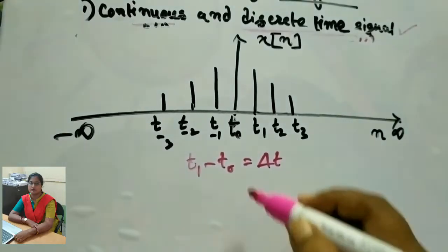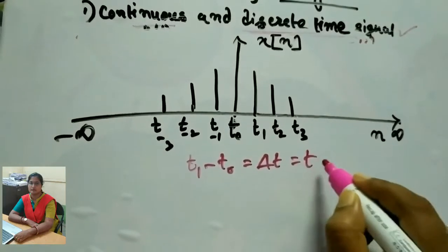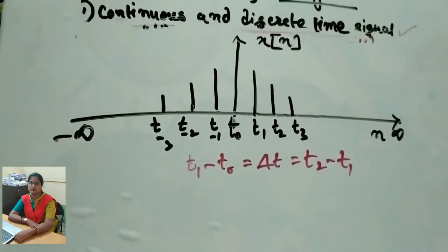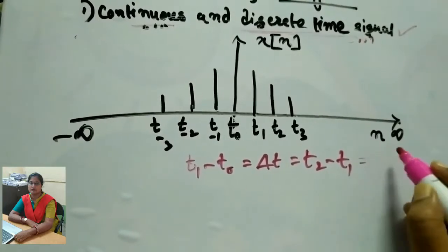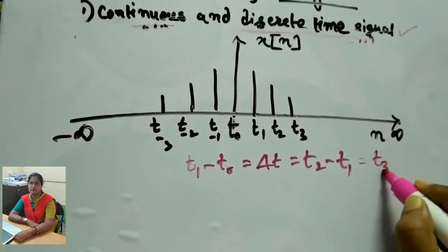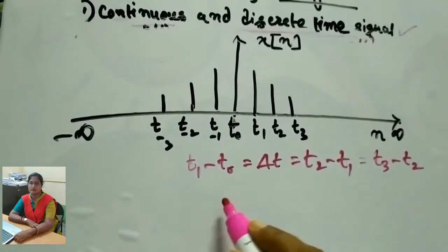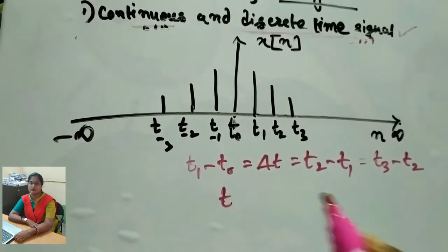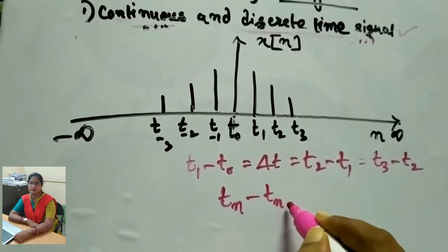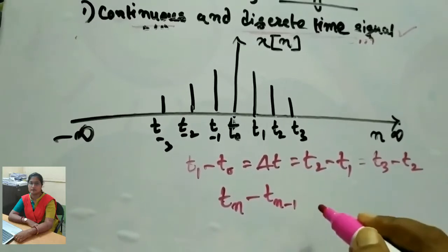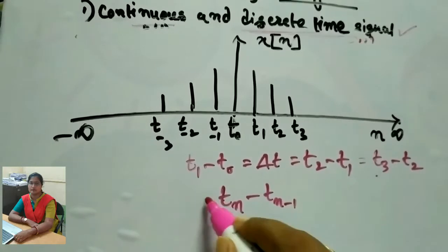For example, the time interval is equal to t2 minus t1. Again, this time interval is equal to t3 minus t2, and it continues up to tn minus tn minus 1, which is also the same as this.